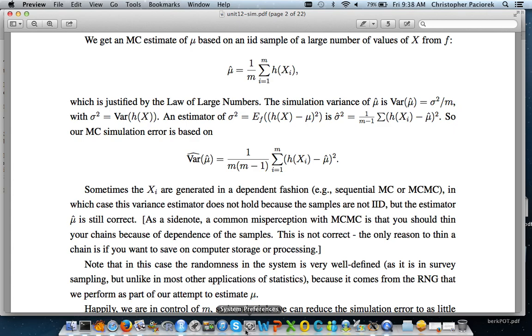I'm just taking my original sigma squared over m, plugging in an estimator for sigma squared, and it becomes this sum of squares divided by m and m minus 1. It gets a little bit confusing here because we're plugging in this estimator and there end up being two m's in the denominator. But that's where the two m's are coming from. Okay, any questions about that?